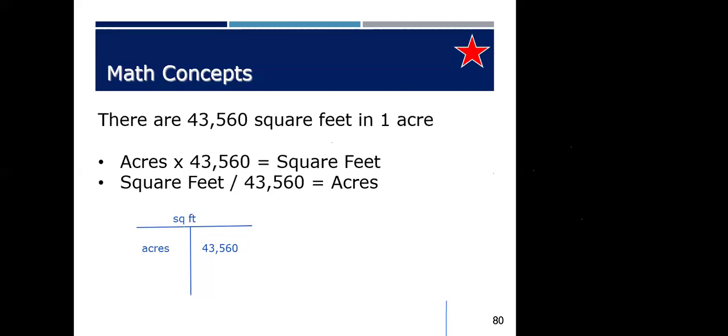If I have any NASCAR fans out there, I understand that Petty's number is 43. So if Petty goes 56 miles per hour, how many races is he going to win? He will win 0. 4 plus 3 is 7. 5 plus 6 is 11. 711 gives you 43,560.